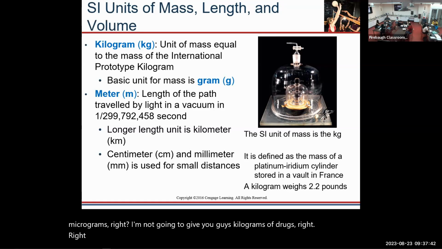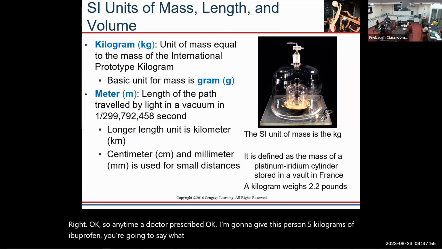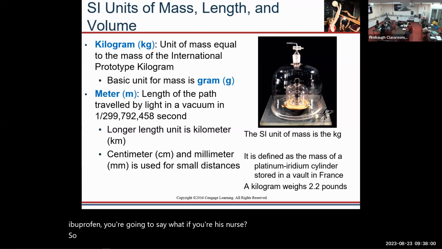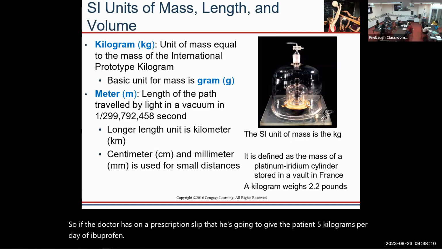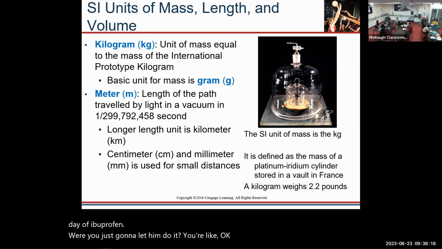Okay. So anytime a doctor prescribes, okay, I'm going to give this person 5 kilograms of ibuprofen, what do you say if you're his nurse? So if the doctor has on a prescription slip that he's going to give the patient 5 kilograms per day of ibuprofen, are you just going to let him do it, like, okay, do whatever you want to do?